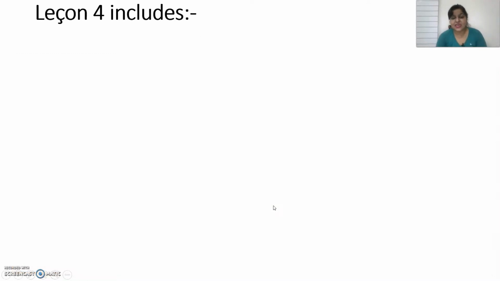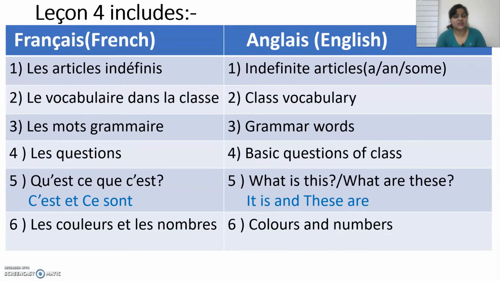Now let's firstly see what we are going to learn in Leçon-4. In Leçon-4, we will be learning les articles indéfinis. That means we will be learning how to write down a, an and some. Then we will be learning the vocabulary that is used in the class, that is class vocabulary.